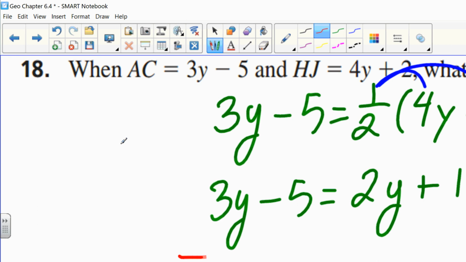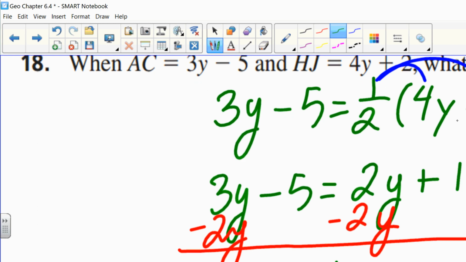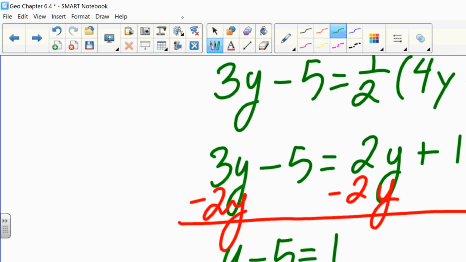At this point, we can subtract 2y from both sides. When we subtract 2y from both sides, we get y minus 5 is equal to 1. Exactly. We can add 5 to both sides, which tells me y is equal to 6.